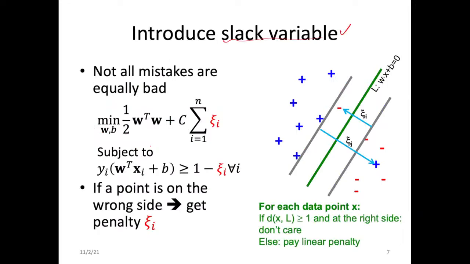But now, I want to minimize the inverse of the margin distance, and meanwhile I also want to minimize this thing. And what is this thing? This is sort of like how bad your mistake is. Every mistake might be weighted differently.